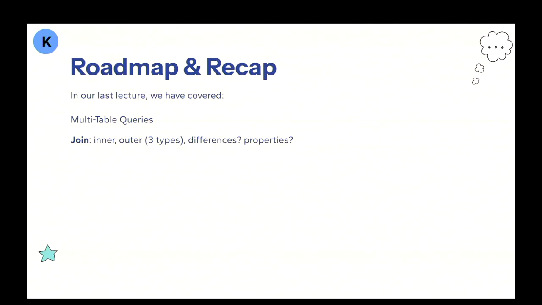And we have three different types of outer join. We have left join, we have right join, we have full join. So for left and right join, the order of the tables matter.